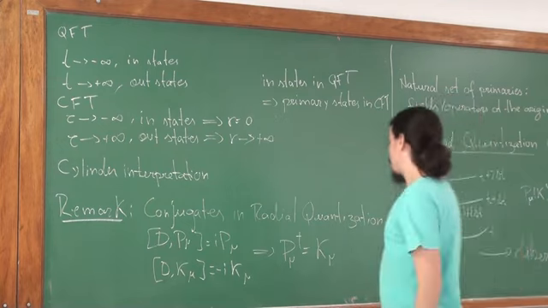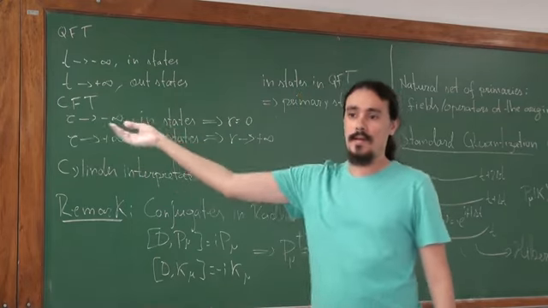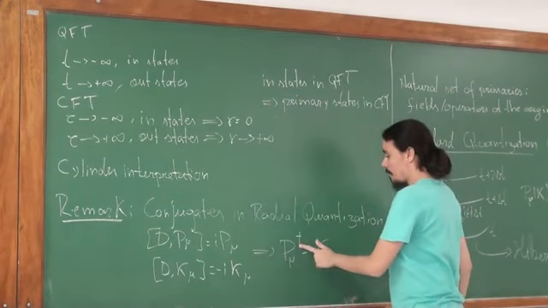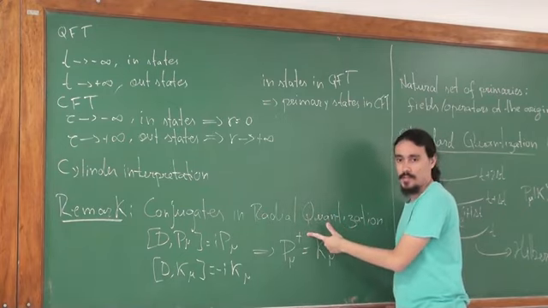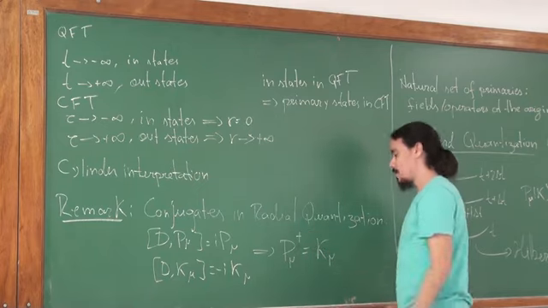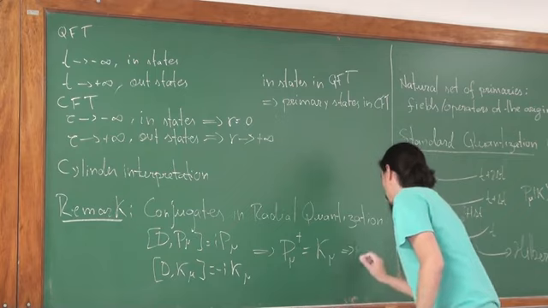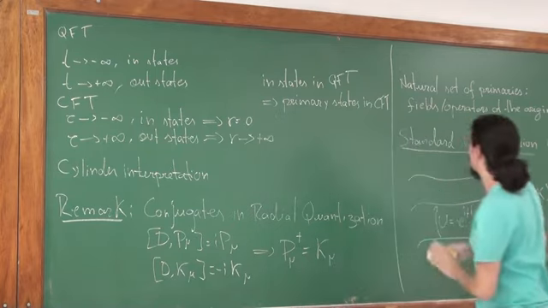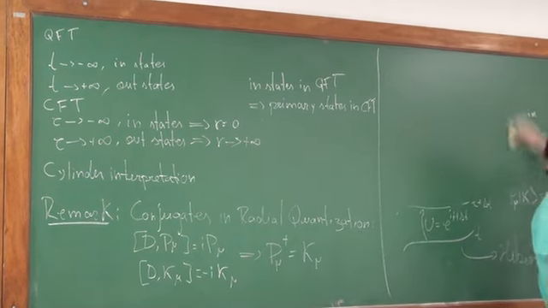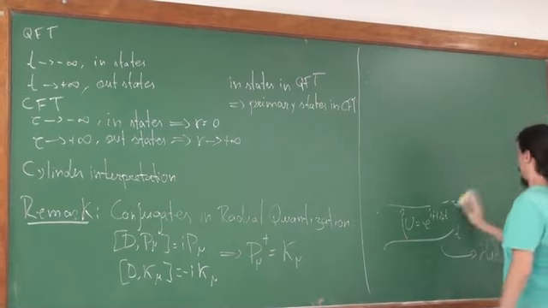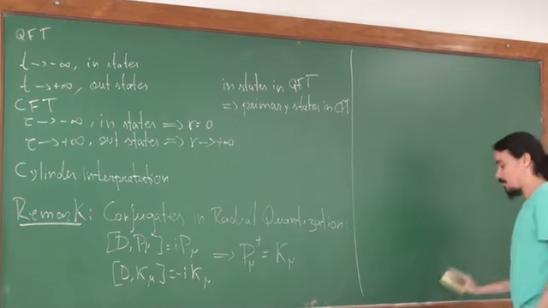Okay, in CFTs, in this radial quantization framework, we use the Hermitian conjugation symbol, but the point is it is a conjugation, but it is not Hermitian conjugation itself.